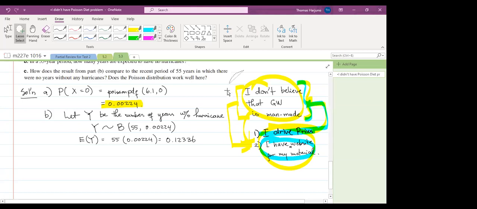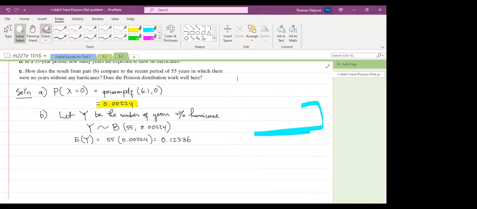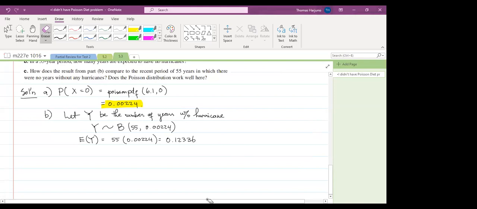Starting from hurricanes, we talk about global warming. By the way, remember I said earlier that cosmic rays follow a Poisson distribution? Now it is believed that cosmic rays may have some contribution to global warming. Somebody actually mentioned that, even though I don't think it's significant.